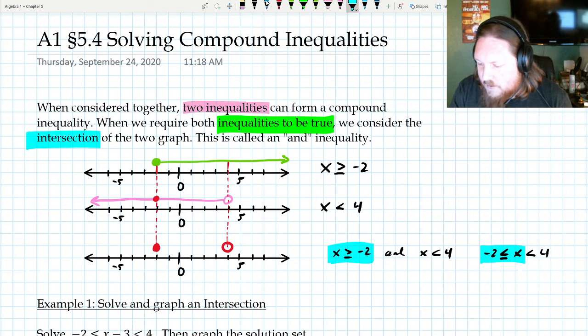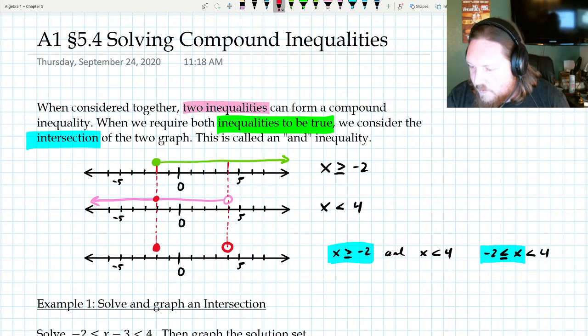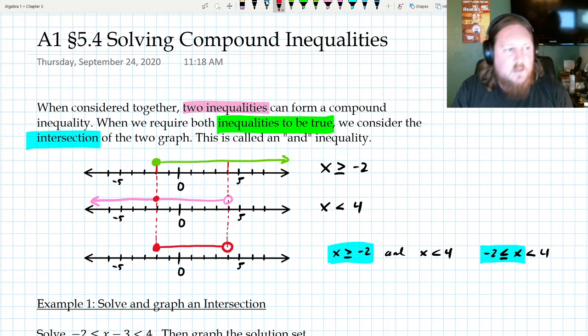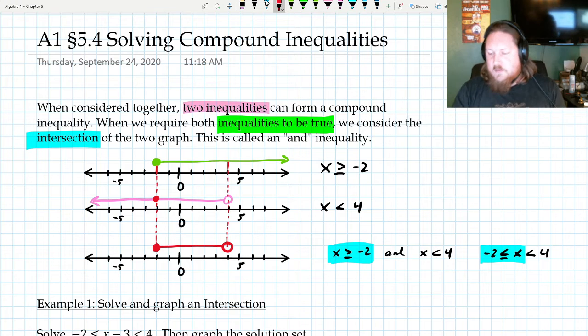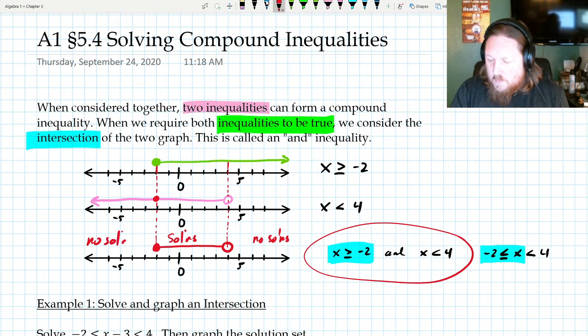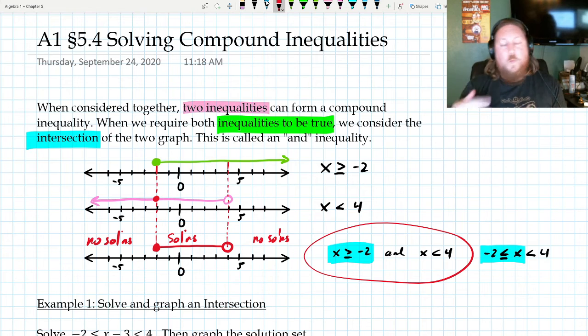And what we do is we connect these two points together here. And the idea is where that intersection happens is the solutions to this compound inequality. And where they don't intersect, no solutions, no solutions.